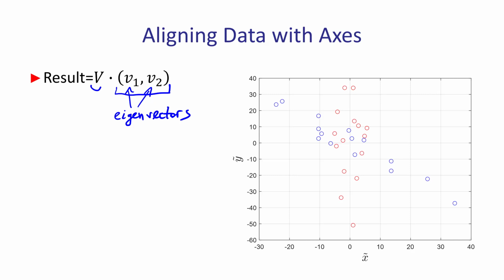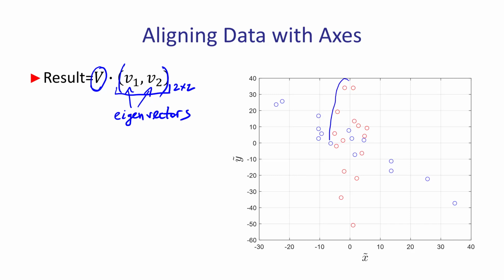So if you multiply matrix V, which is your original matrix with all of the data points, by the matrix which is created from your eigenvectors, you will get those red points here.